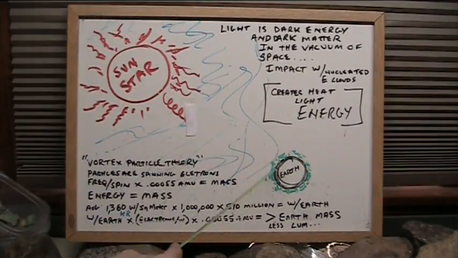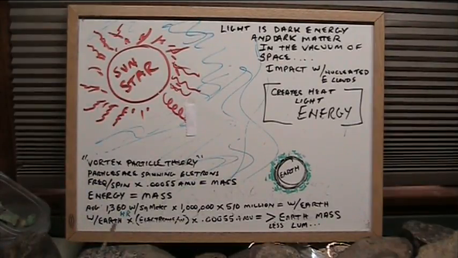When it gets into the earth, which has all this stuff around it, nuclear material and clouds of electrons, when it hits, it bounces just like a super ball. That's all there is to it. And those are vortex particles. They're not what people think of as light now. It's totally different. It's an electron spinning just like I showed.